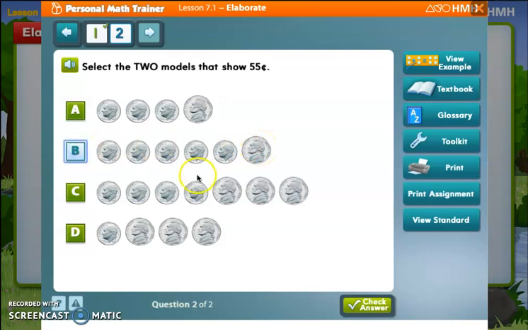So B is an option. We have C, 10, 20, 30, 40, 45, 50, 55. So this is also an option. And then we have 10, 15, 20, 25. So D wouldn't work. So our correct answers are B and C.